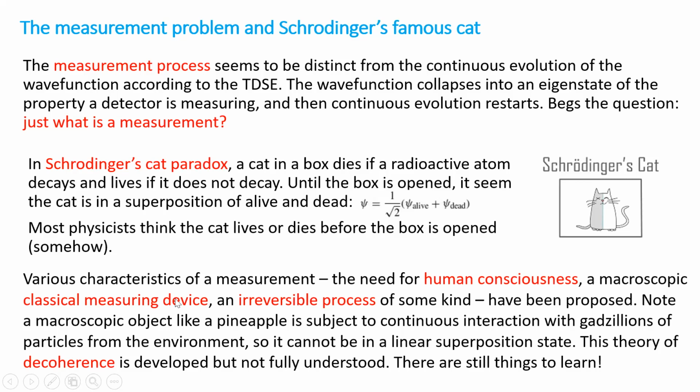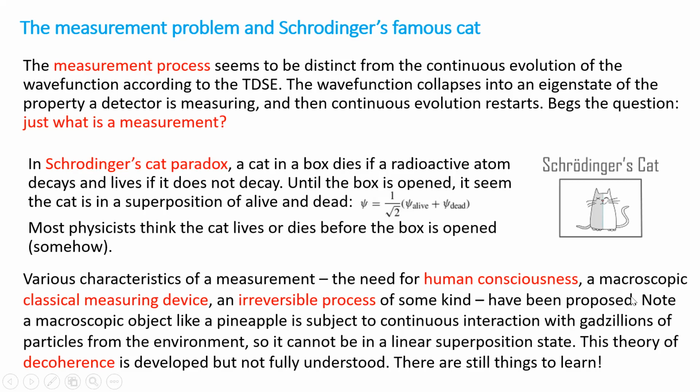That camera and film would be a macroscopic classical measuring device, or perhaps just an irreversible process of some kind, something that happens that can't be reversed, which is a little bit vague in this context, but has been proposed as a necessity for a measurement. So all these have been proposed.